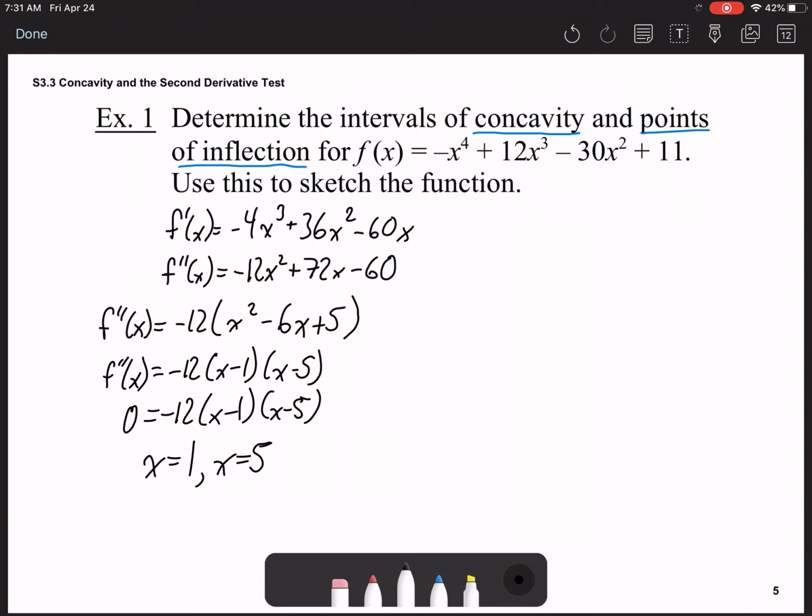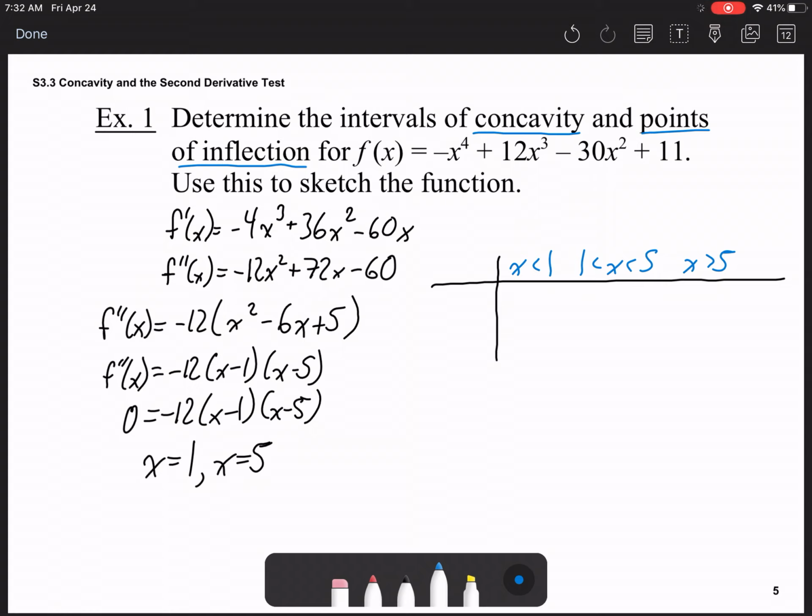We just need to verify that they're points of inflection. So we need to actually find out what the slope is before and what the slope is after. So again, I'm going to create an interval chart. I have x values lower than 1, I have x values between 1 and 5, and I have x values greater than 5.